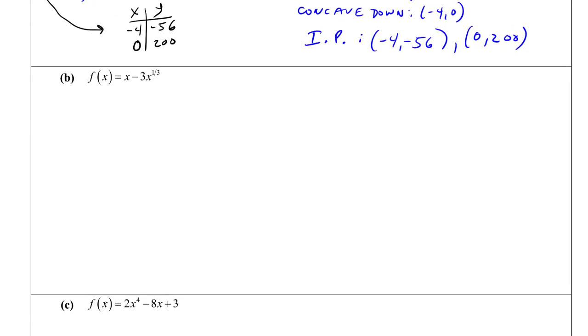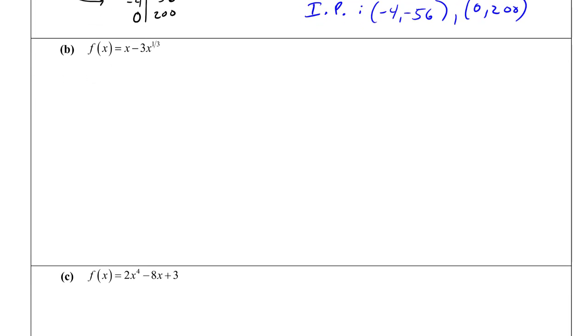Okay, so let's move on to the next one here. x minus 3, x to the 1/3. All right, start with the first derivative. 1 minus x to the -2/3. Then the second derivative.